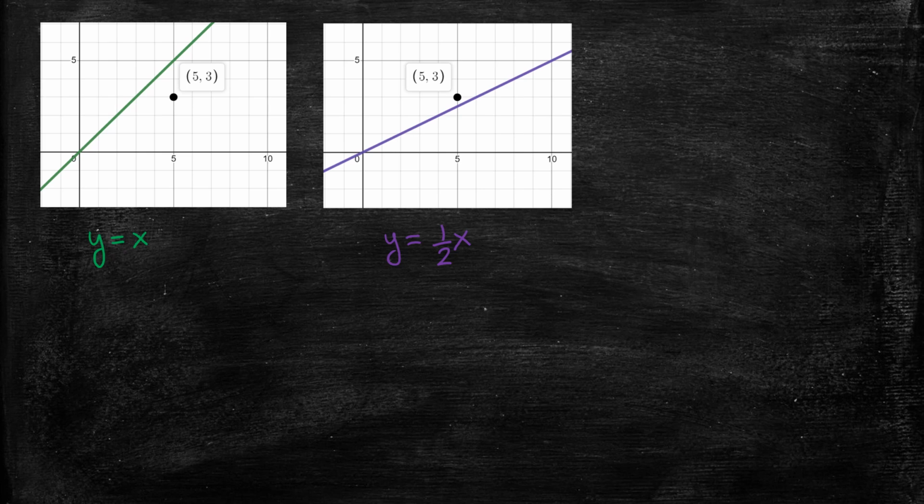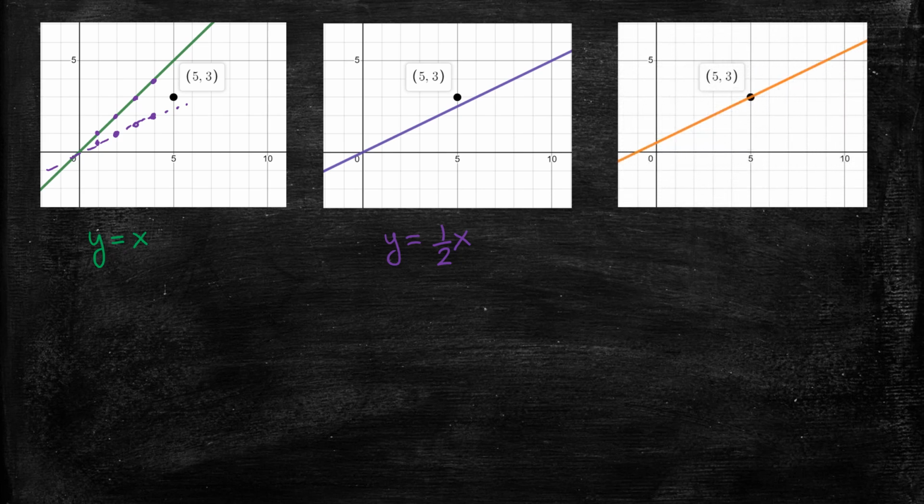That's where all the y coordinates on the previous line were halved. So whatever the y coordinate was before is now halved to create this purple line.